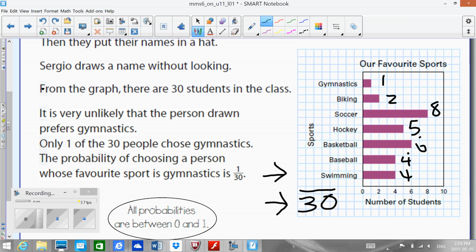In this case, gymnastics. And for this particular probability, there's only 1 person out of the 30 that chose gymnastics as their favorite. Therefore, the probability of getting the person who chose gymnastics is 1 out of 30, which is pretty unlikely. Not impossible, but pretty unlikely.